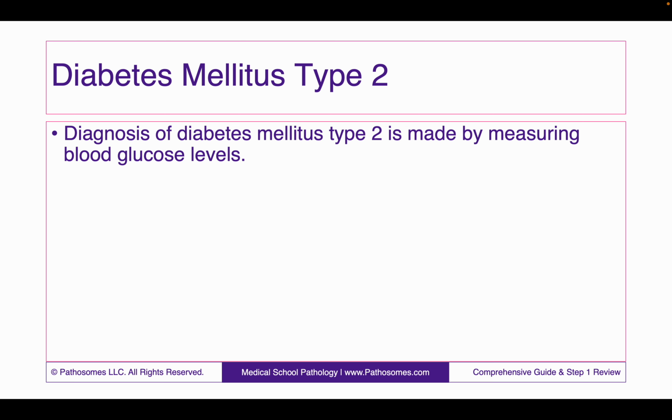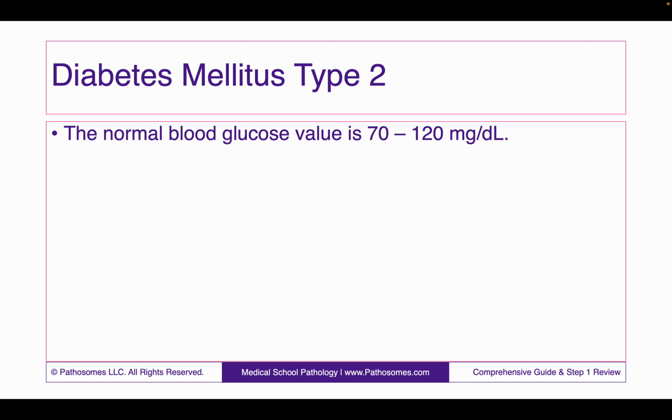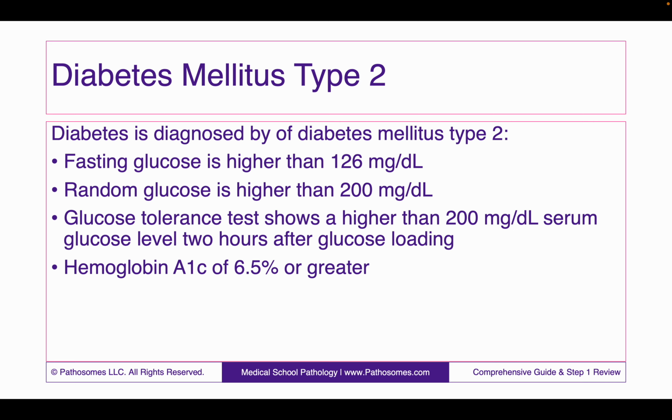Diagnosis of diabetes mellitus type 2 is made by measuring blood glucose levels, and you're going to have to know that. The normal blood glucose value is about 70 to 120 milligrams per deciliter. Diabetes, which you must know, is diagnosed by glucose levels falling within the various states.